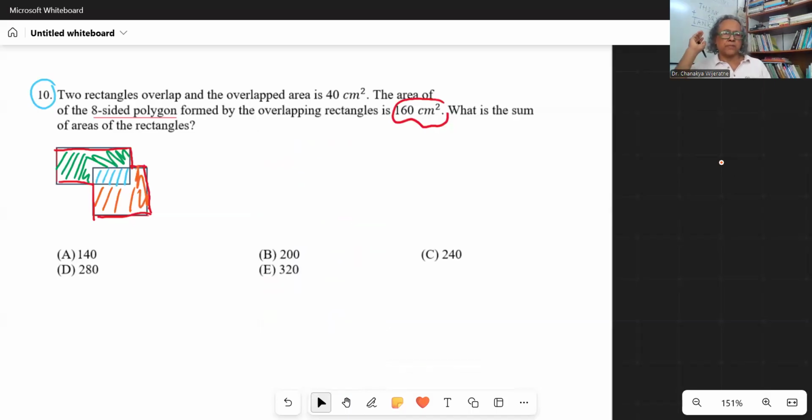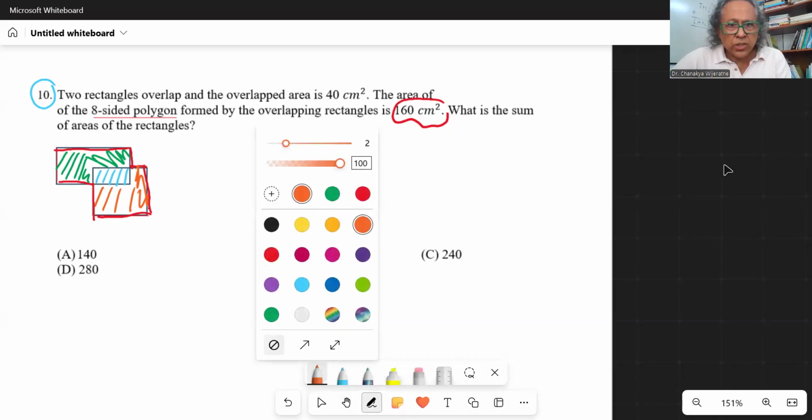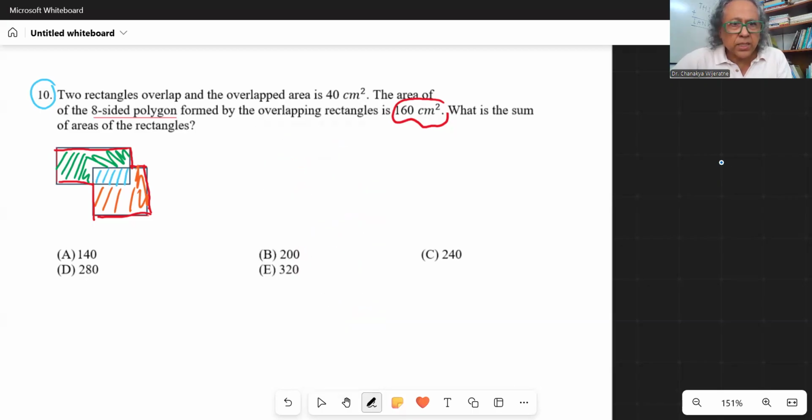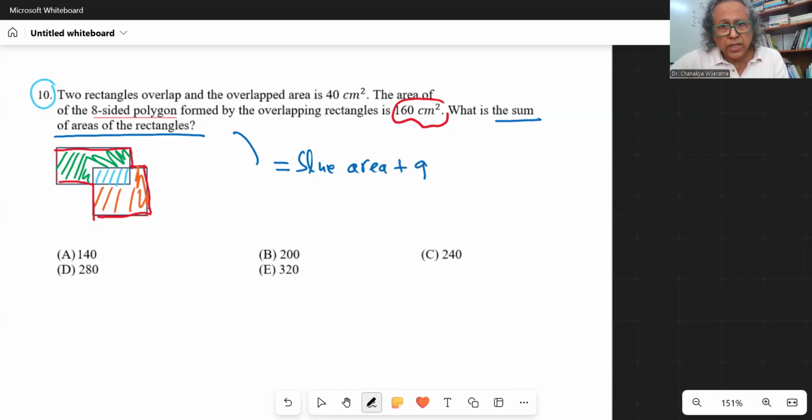Now we have a blue area, a green area, and an orange area. So the sum of the areas of the rectangles is what? It is the blue area, the common area, plus the green area, plus the orange area.